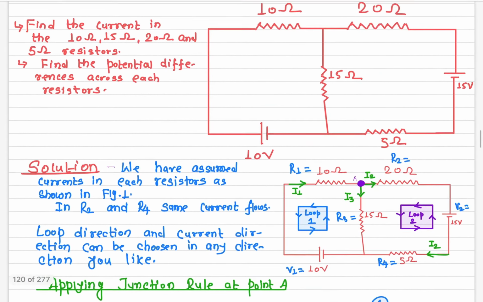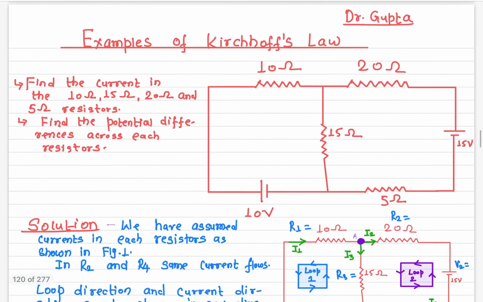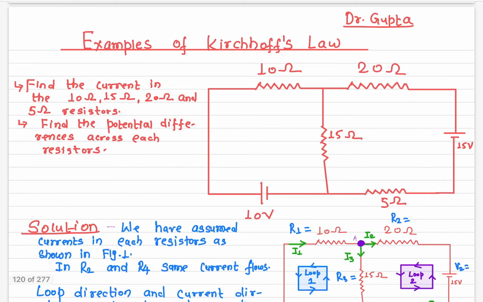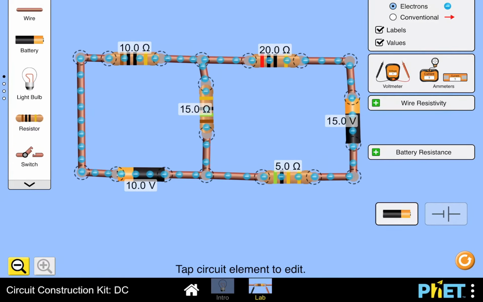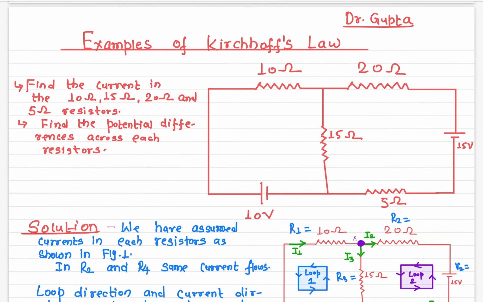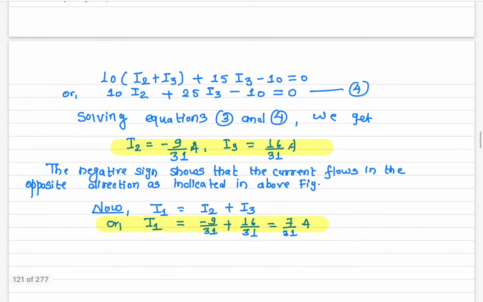And again, you can solve exactly the same problem using a simulation, and I'm going to show it here quickly. Here I have set up the simulation, 10 ohm, 20 ohm, 15, and now let's find out the current. In this case I2 is 9 over 31 and I3 is 16 over 32, which is close to 0.5.